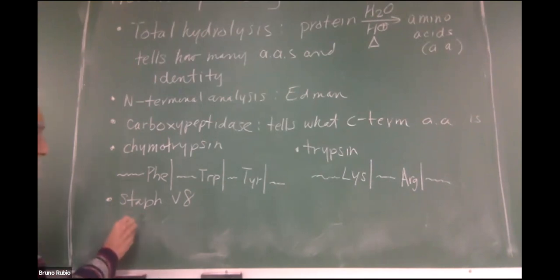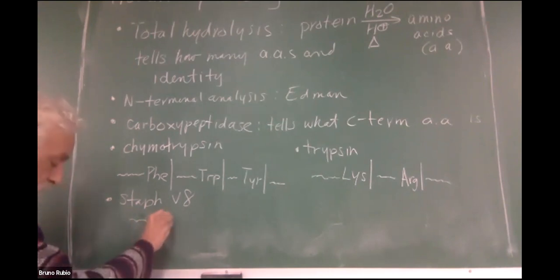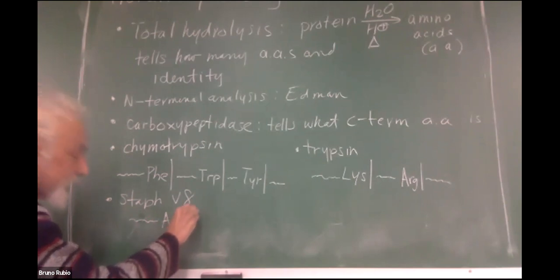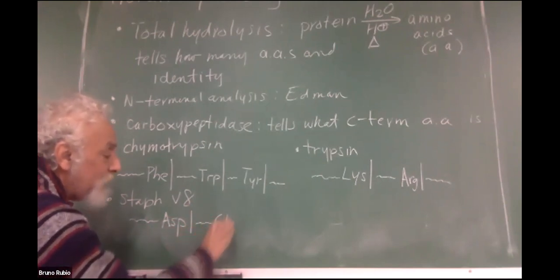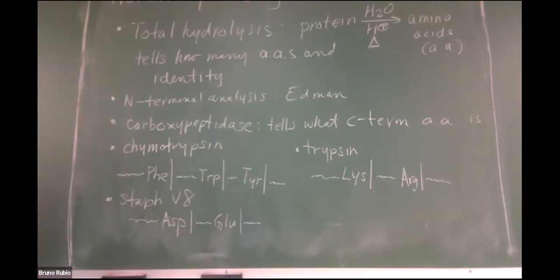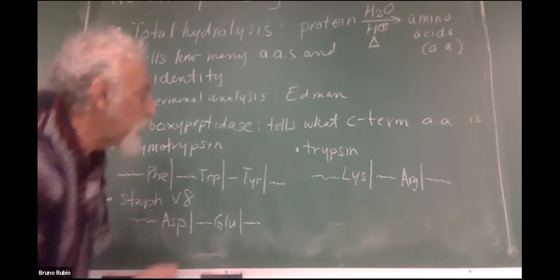And staph V8 breaks the protein chain after an aspartic acid residue and after a glutamic acid residue. So this enzyme specializes in breaking the chain after the acidic amino acids, aspartic acid and glutamic acid.